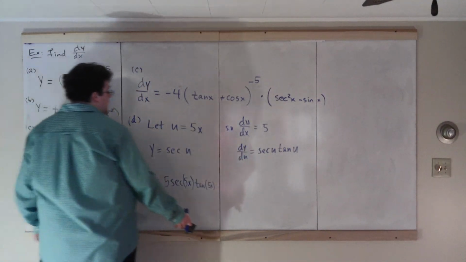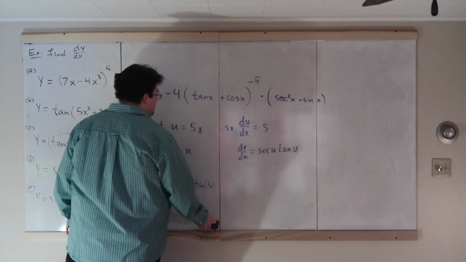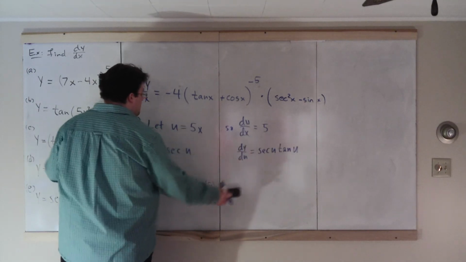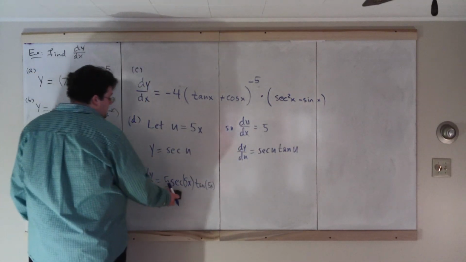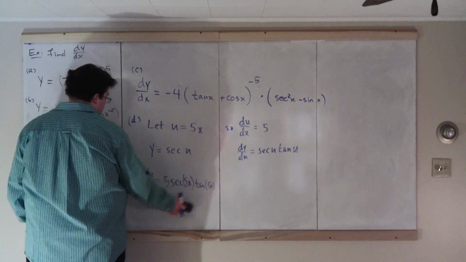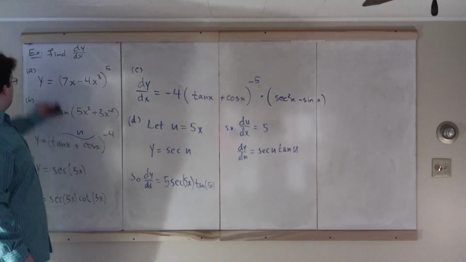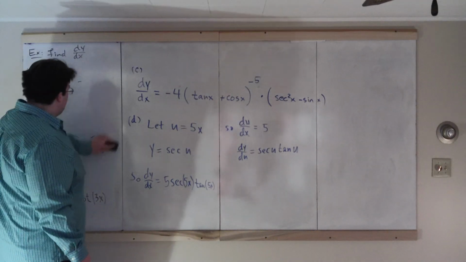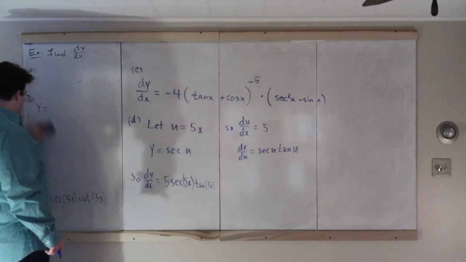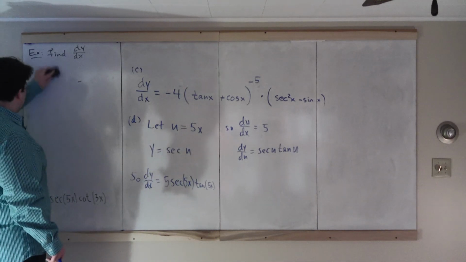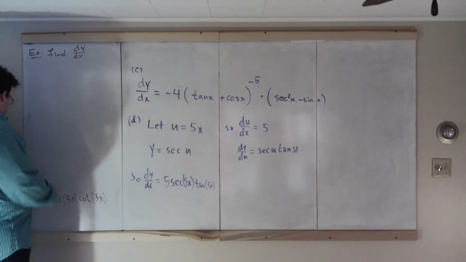So use the chain rule to get these pieces, multiply them together. So you get 5 secant u tangent u, u equals 5x. Notice there's only one 5 here in front. But maybe I shouldn't have erased part D here.